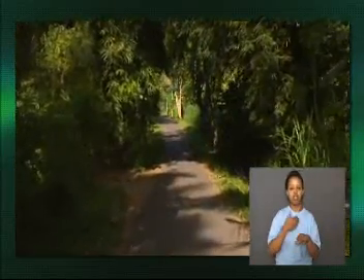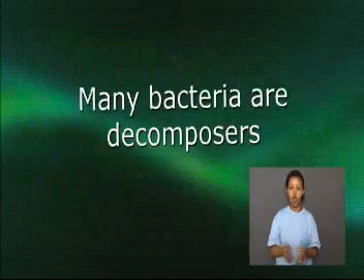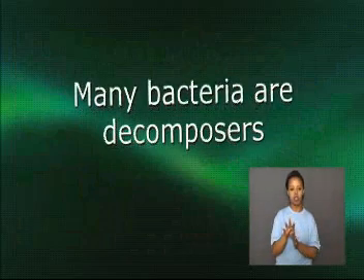In the global ecosystem, bacteria play a very crucial role. The ecosystem actually depends upon the activity of bacteria to maintain stability and to thrive. Many bacteria are decomposers. This means that bacteria break down the complex molecules found in the bodies of dead organisms.